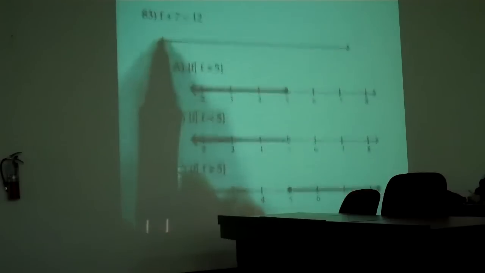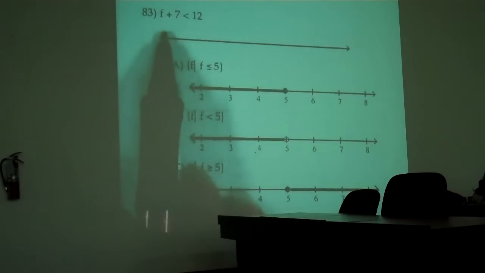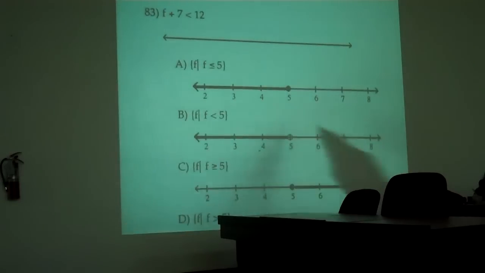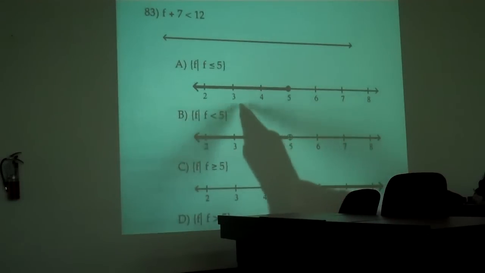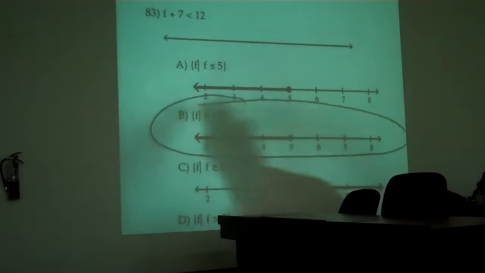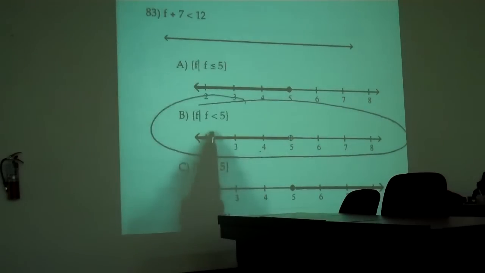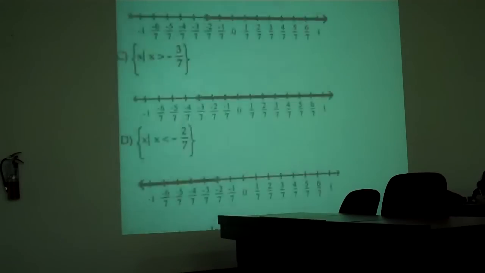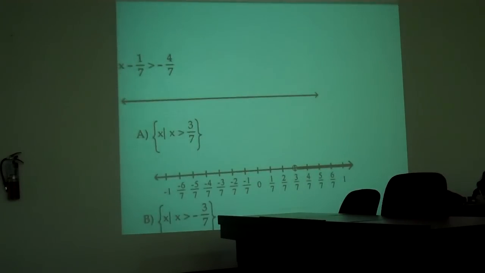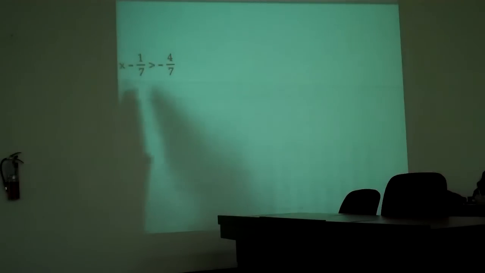83, f plus 7 less than 12. Subtract 7. So it's going to come out to f is less than 5. Fractions. Okay, all you're going to do is add 1/7.